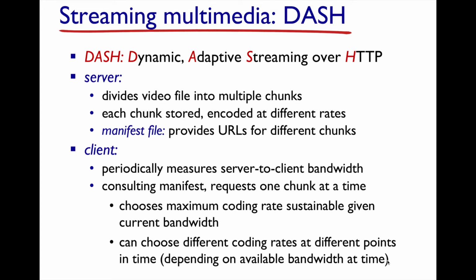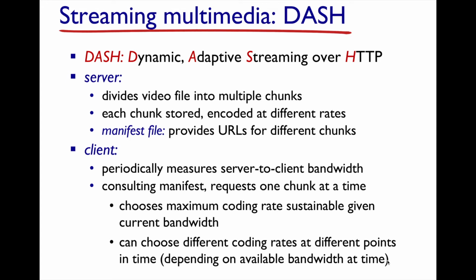But while this media is streaming, certainly you can get congestion on the network, and so the end-to-end throughput is going to change. Now, if the end-to-end throughput drops too low, what's going to happen? Well, your video is going to be doggedly slow, and that's going to ruin the viewing experience.